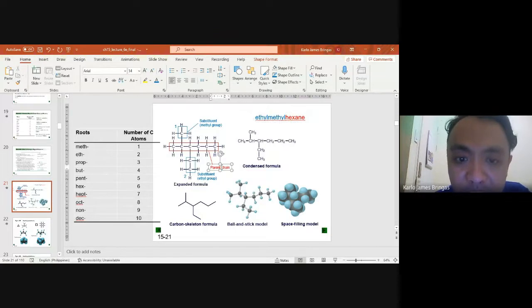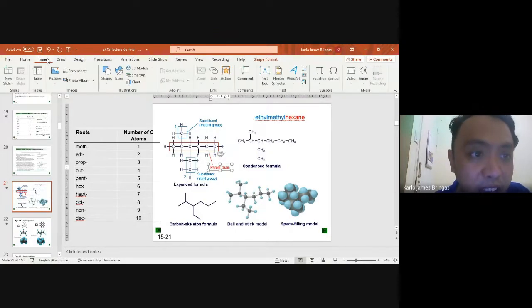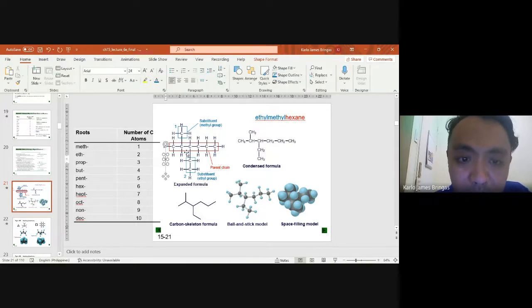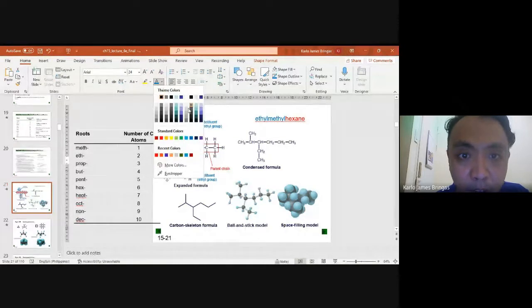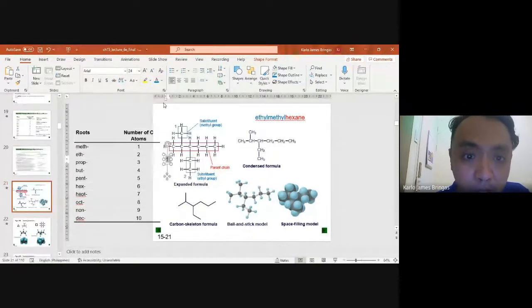So in the parent chain, kailangan natin na i-number ang kada carbon atoms. Beginning sa pinakadulo, wherein ang mga substituents will have the smallest possible na number. So let me make this one smaller lang.